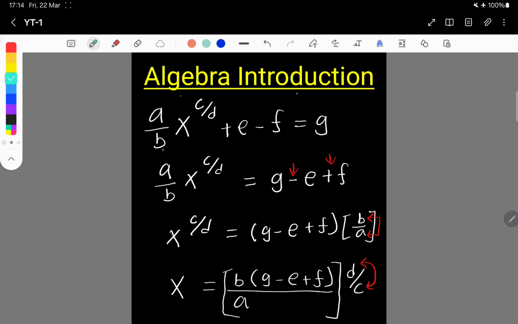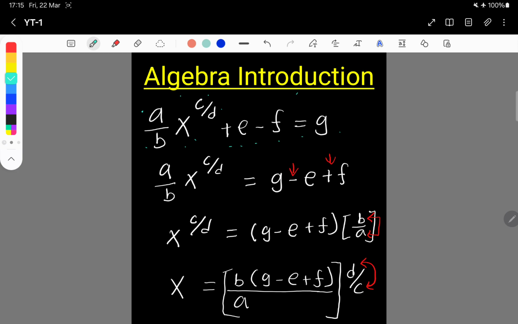Let's say you have a over b for the x power of c over d plus e minus f equal to g. No need to worry, even though it looks complicated. This is the complete example on how to manipulate algebraic equations in order to make x the subject.